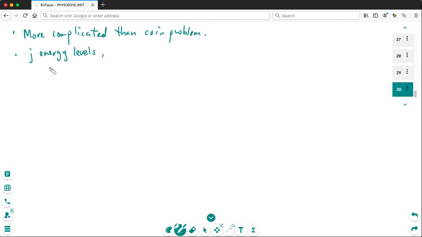And for the entire system, I have N particles, and each of them can be occupying these J energy levels. That is to say I have more particles, and now I have more arrangements that I can do. I can make my system more and more realistic, and more interesting.